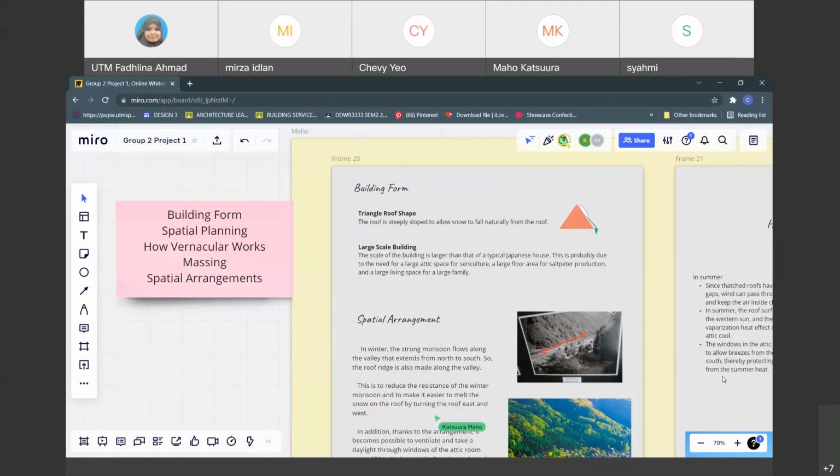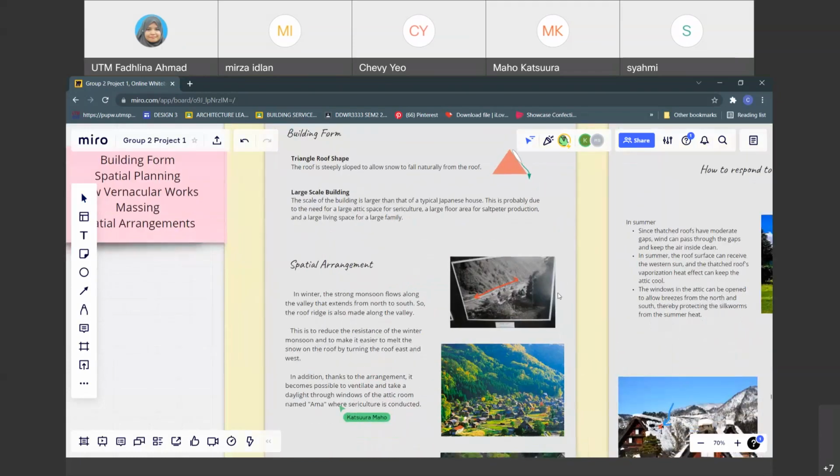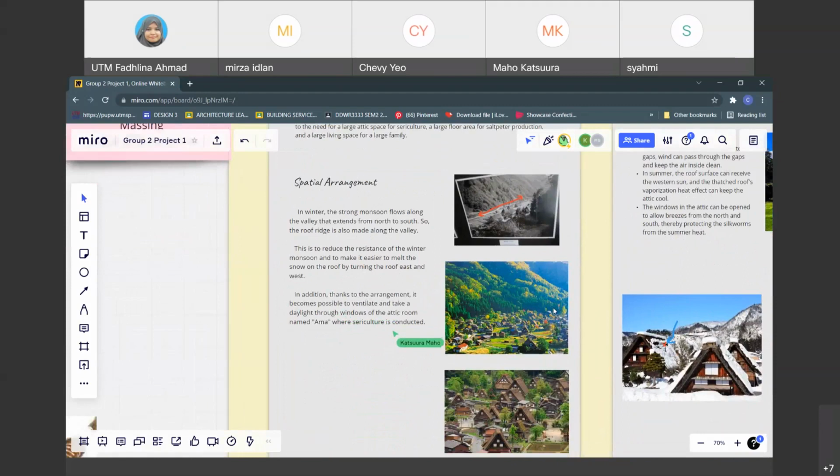Next, I will talk about spatial arrangement. In winter, the strong monsoon flows along the valley that extends from north to south, so the roof ridge is also made along the valley. This is to reduce the resistance of the winter monsoon and to make it easier to melt the snow on the roof by turning the roof east and west.